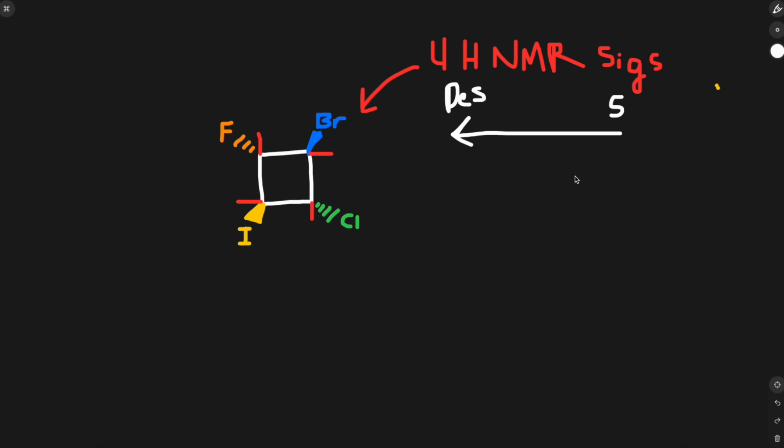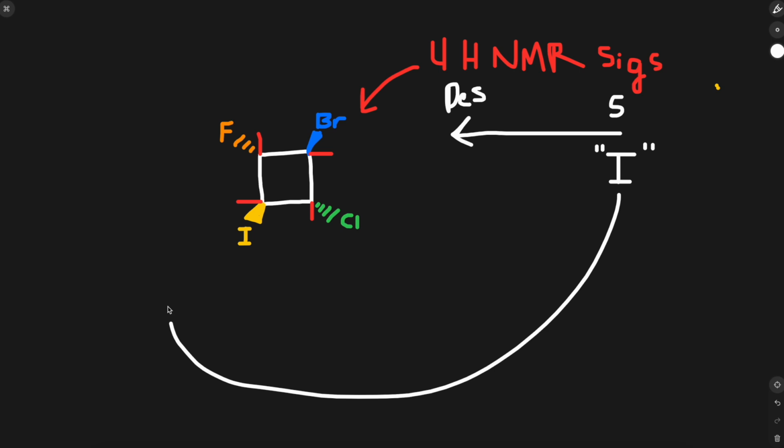So we'll put the iodine hydrogen in quotes, right? So that's this one here. We know bromine's next up, so we'll put bromine for that hydrogen. Next up is chlorine and then fluorine.